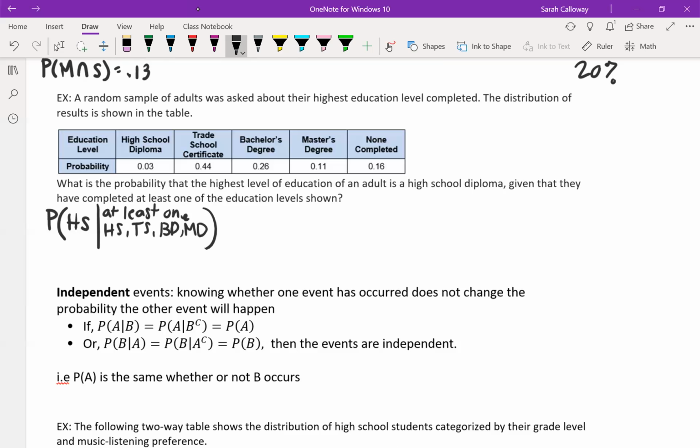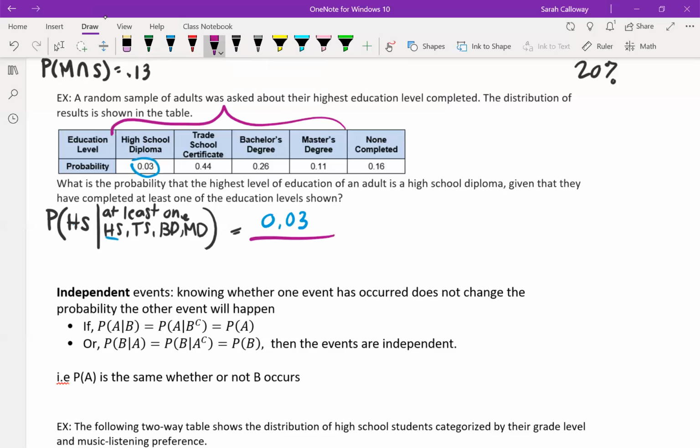So what we're looking at then is the intersection of high school and all of these, right? So high school is part of it. So that means that the high school diploma percentage is 0.03. The denominator is going to be the probability that they got one of these, okay?